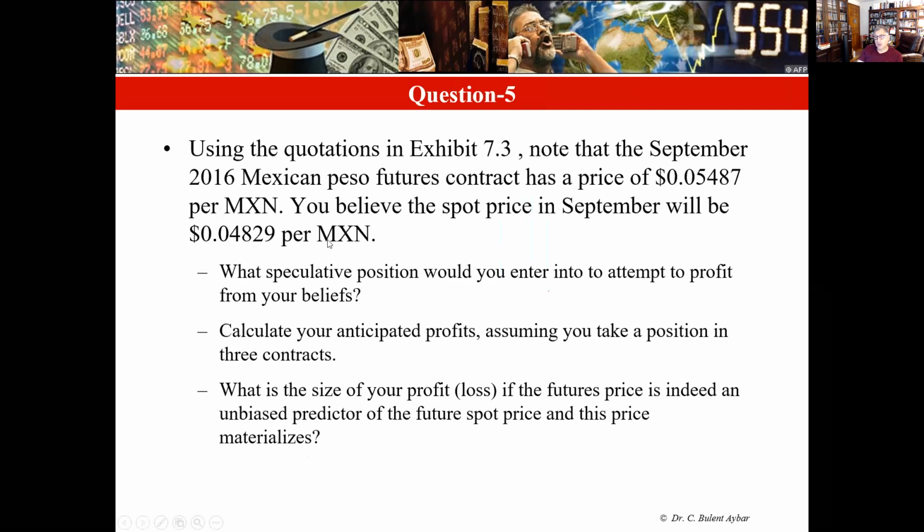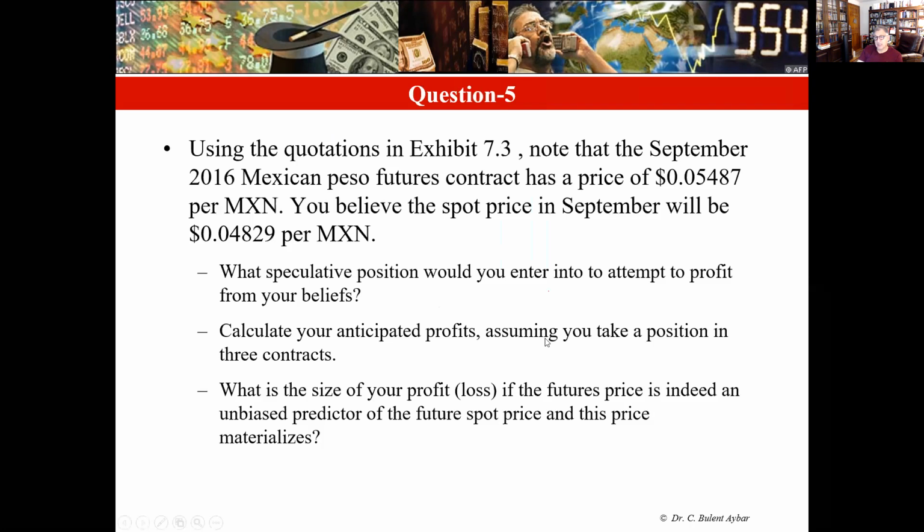So that means that the spot price is expected to be lower than the futures price. So in that case, I would sell Mexican pesos forward or futures with the hope that I can acquire Mexican pesos in the spot market at a lower price and deliver at a higher price. So in that case, I'm going to take a short position. I'm going to short the Mexican peso contract.